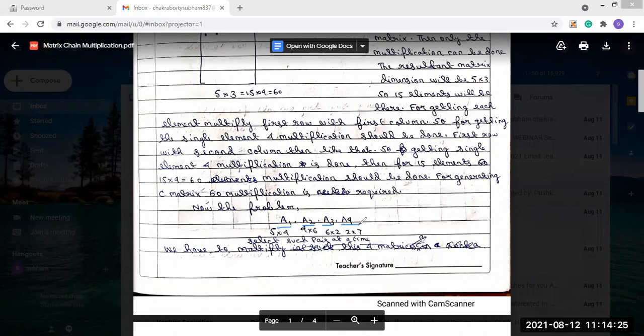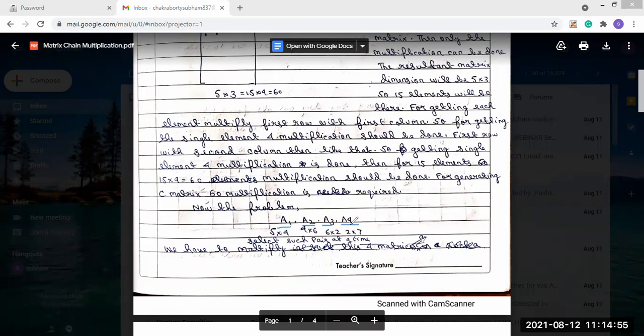Now, we cannot multiply all these 4 matrices altogether. This is not possible. What are the ways it is possible? We can multiply A1 into A2, and the resultant will be multiplied with the third matrix. After that, the resultant matrix should be multiplied with A4.